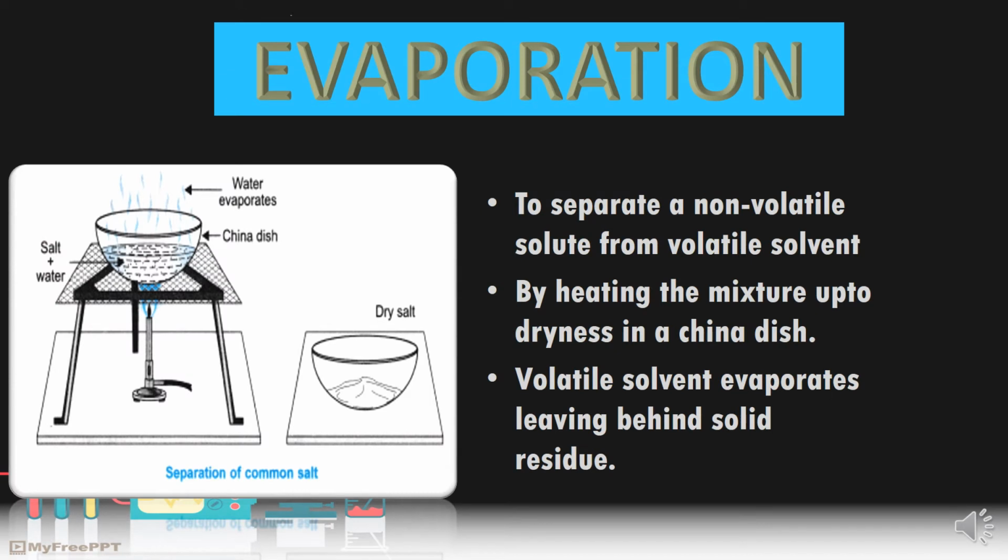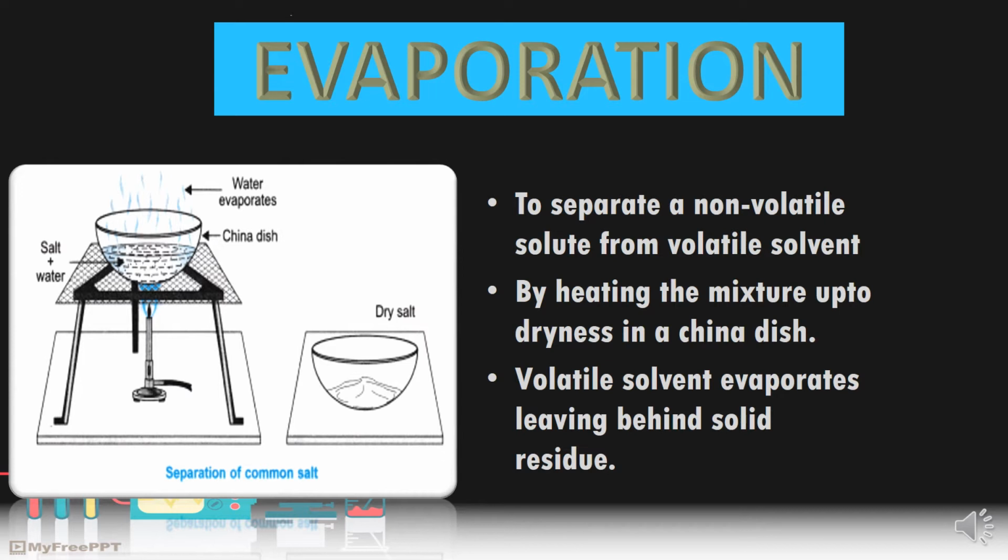First of all is evaporation. Evaporation is a process in which a liquid converts into its vapors. So if we need to separate a solute which is non-volatile, meaning it does not vaporize on heating, while the solvent vaporizes, the volatile solvent can be separated by heating the mixture up to dryness.